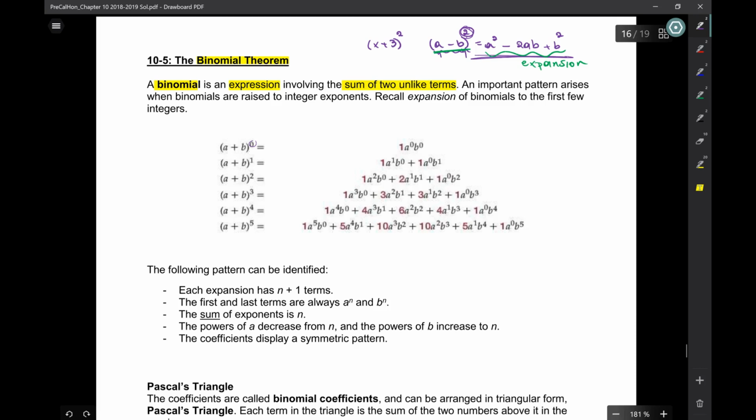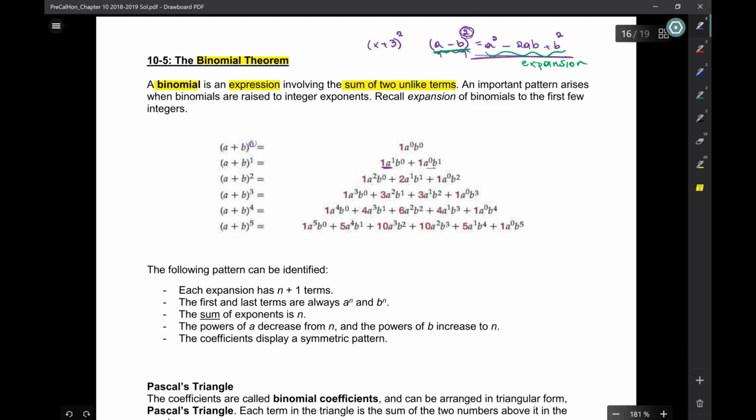Which means it's just a 1. Now, if you have a plus b to the 1, right, what is that? That's just a plus b. So look at what you have here. This is a more intricate way of writing the same thing. But if you look closely, it's 1a times nothing plus 1b, right? So it's really just a plus b as you would have expected.